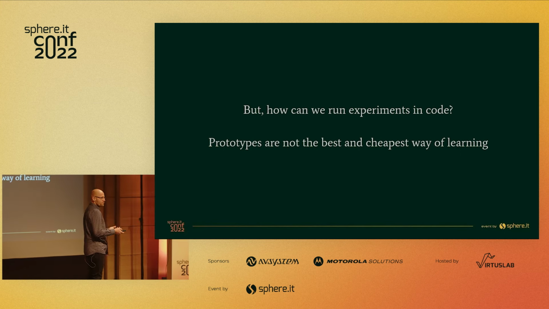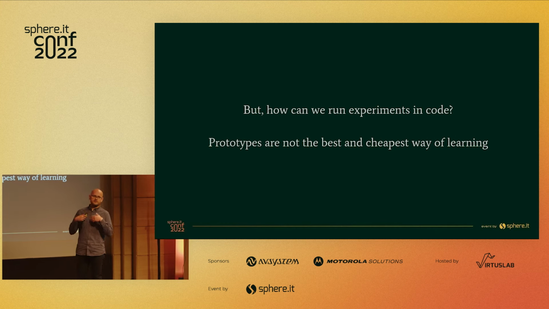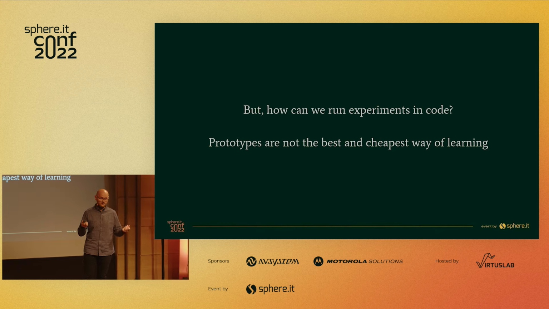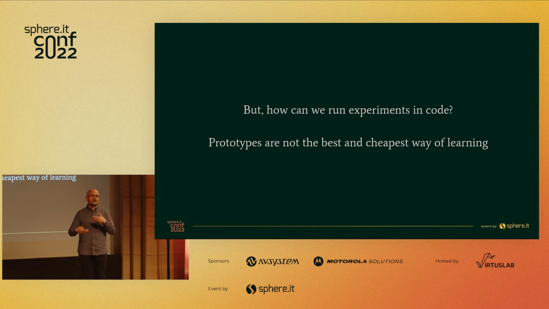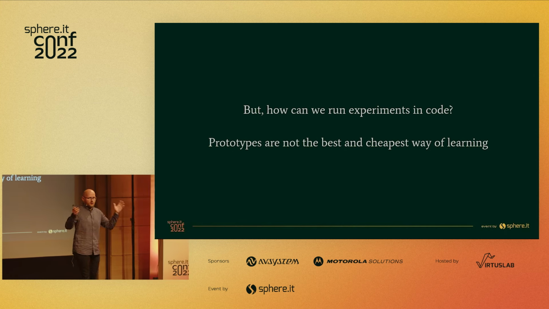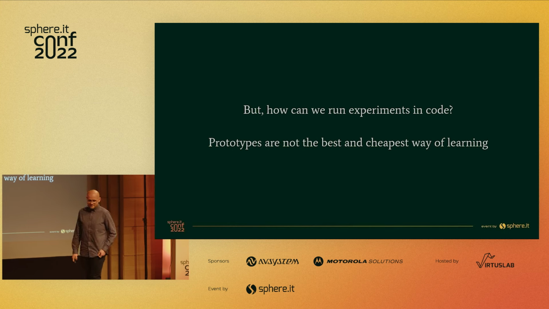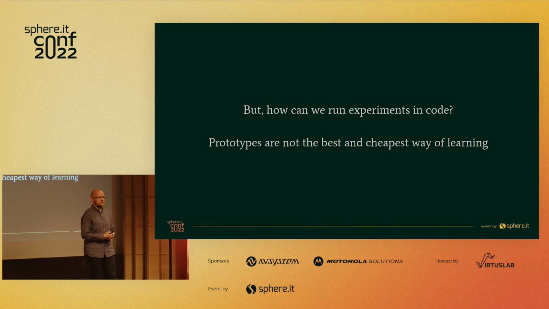As I mentioned, prototypes might be a good idea, right? If we lived in an ideal world, we could create prototypes all the time, pay for them, and receive full-blown feedback, including all the layers up to the users, right? But the problem is, as I said, that prototypes are not cheap.